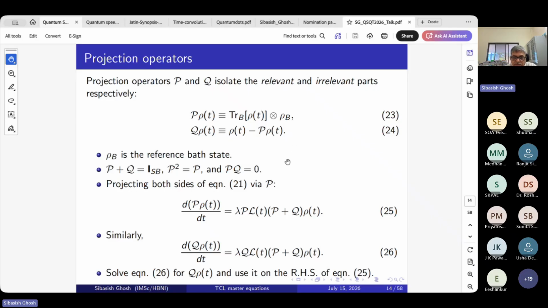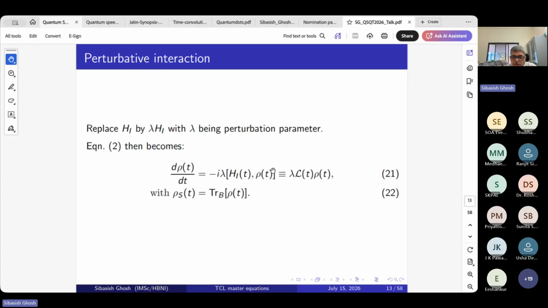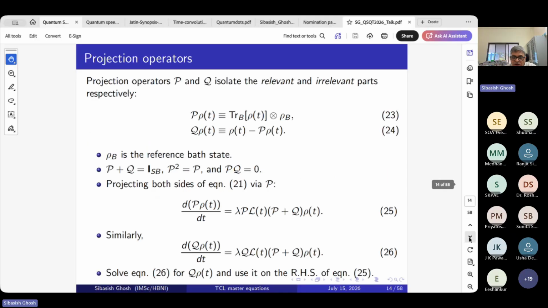They are also projectors. So if you now look at equation 21 and apply the projector P on both sides of this equation, you will get this equation 25. Here I have replaced the identity by P plus Q, and similarly you can apply this with Q also.